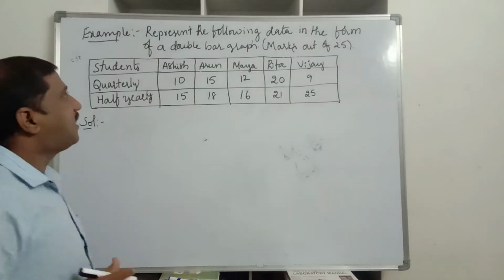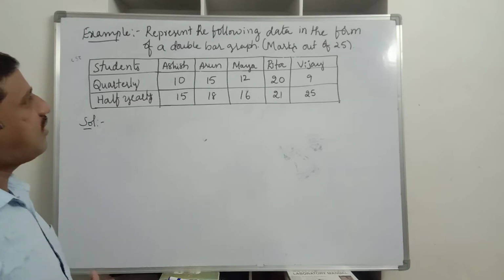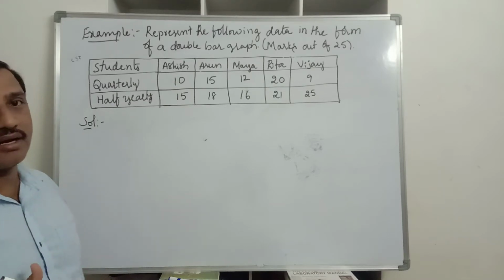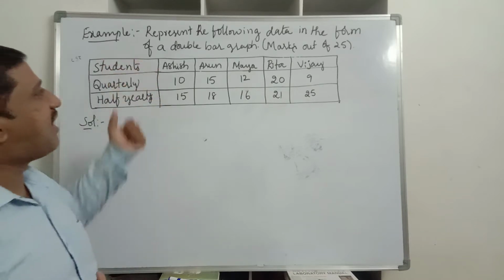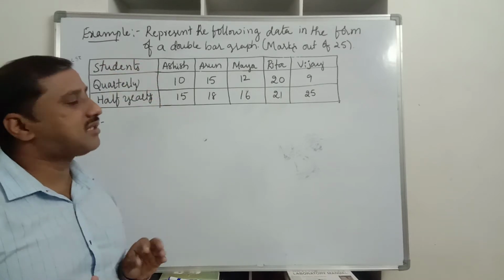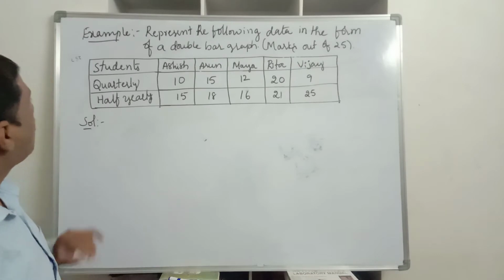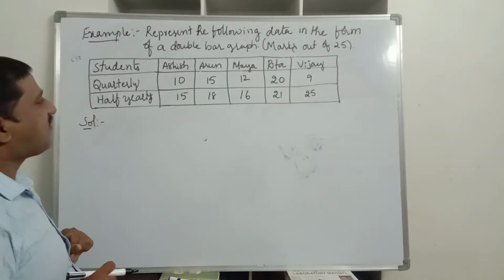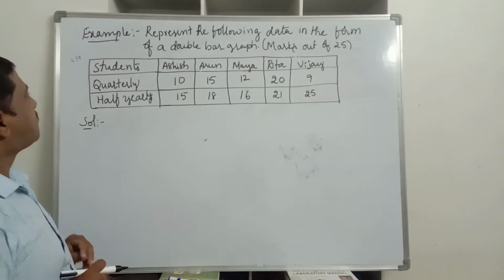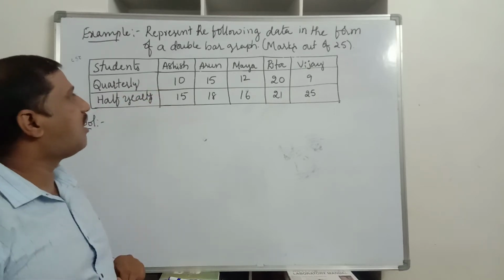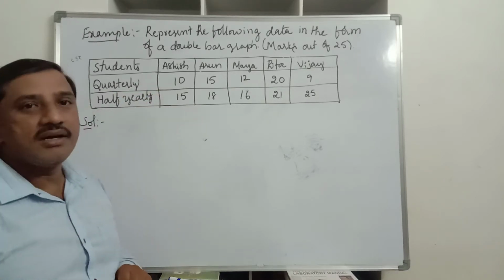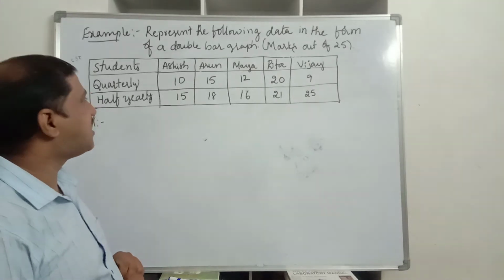Now, example: represent the following data in the form of a double bar graph. This data gives us information about 5 students, their marks out of 25 in quarterly and half yearly examinations. So quarterly marks, who are the students? Ashish, Arun, Maya, Rita and Vijay.